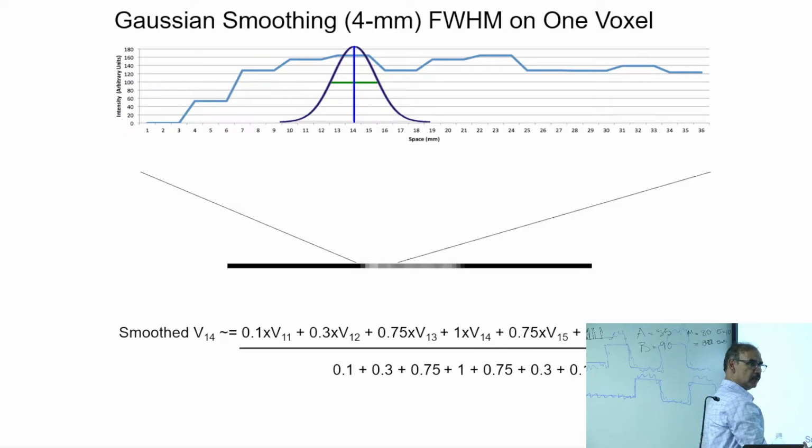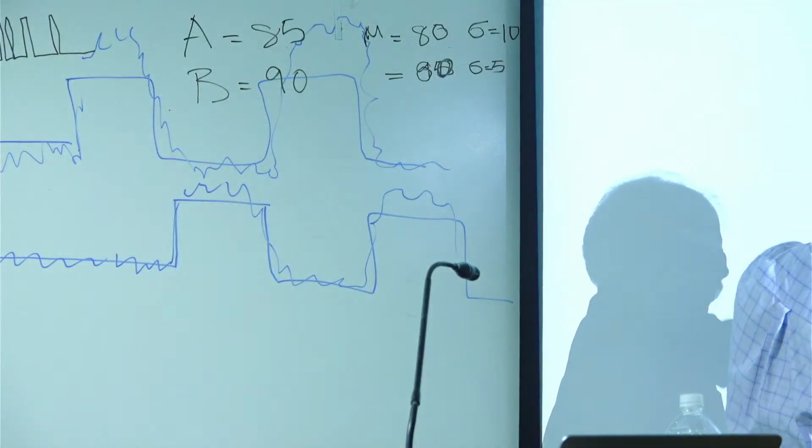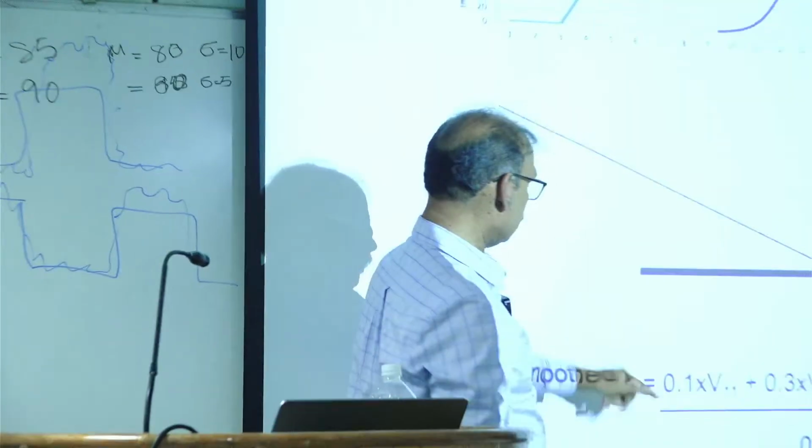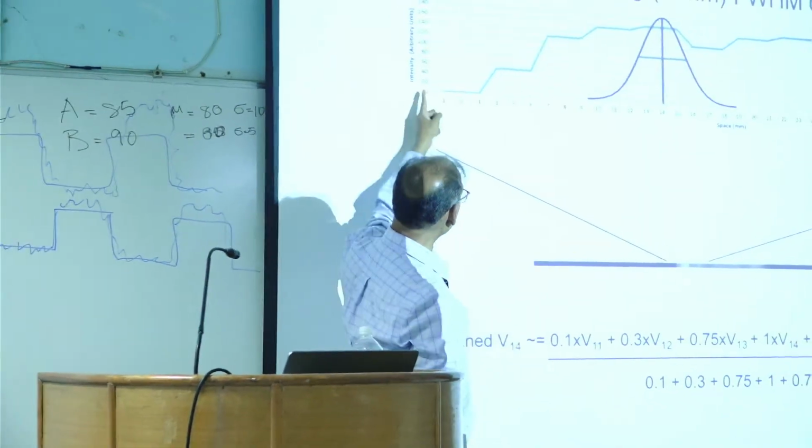It's called convolution. We are using this formula where we take every value, let's say we start with the fourth one. The fourth value is, let's say, 40. 40 multiplied by 1, plus 0.75 times the third value, plus 0.3 with the second value, 0.1 with the first value.